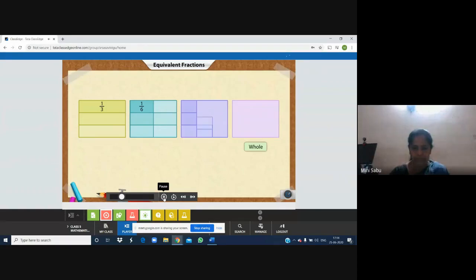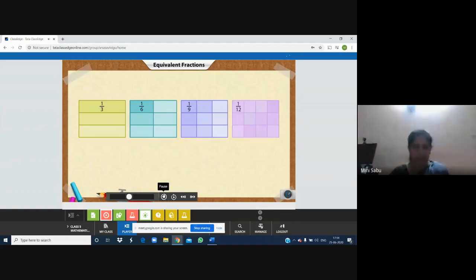Next, divide the third square into 9 equal parts like this. Here, each part shows 1 upon 9. And finally, divide the fourth square into 12 equal parts like this. Here, each part shows 1 upon 12.